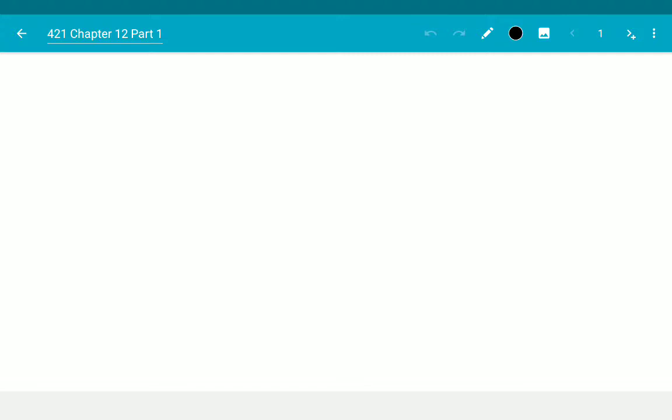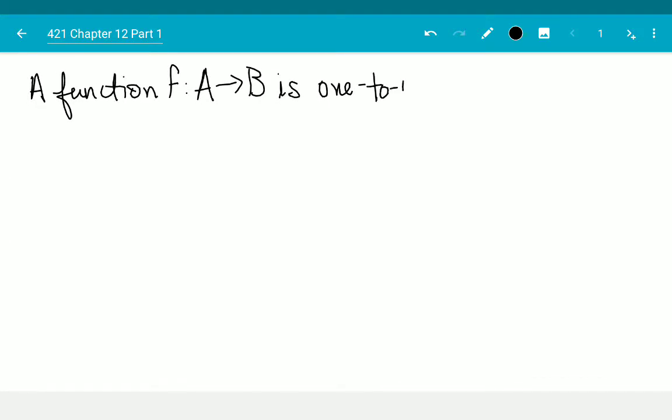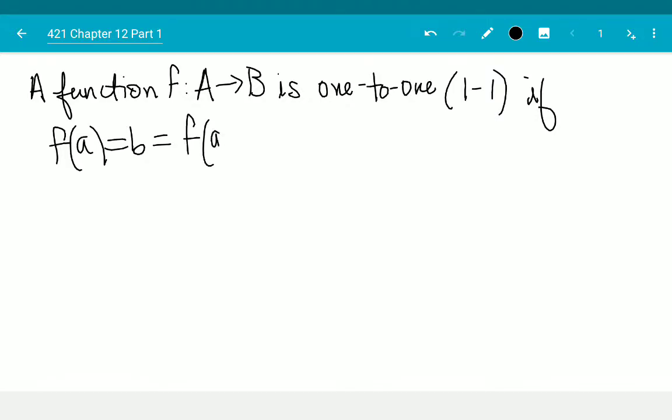I think we have defined one-to-one functions before, but just in case you have forgotten, a function f from A to B is called one-to-one, generally denoted 1-1, if f(a) = b = f(a') implies a = a'. That is to say, if a and a' have the same image, then a has to be equal to a', right?